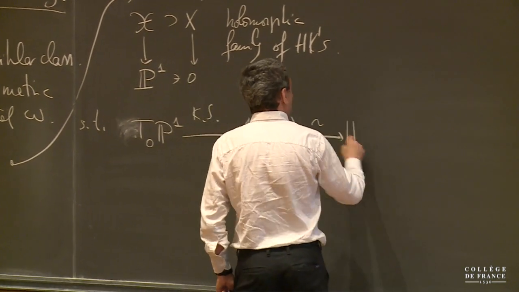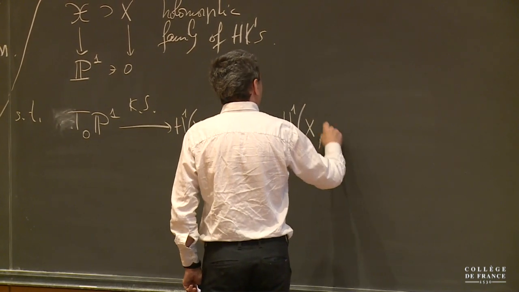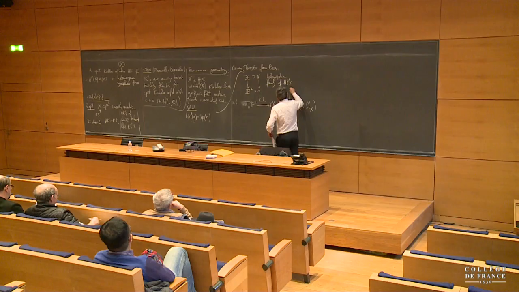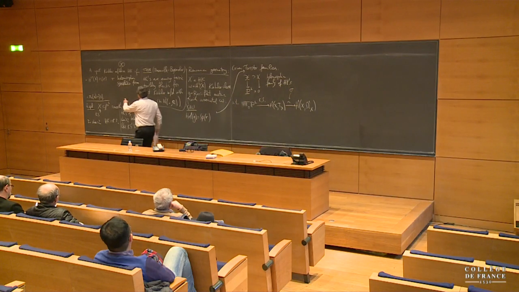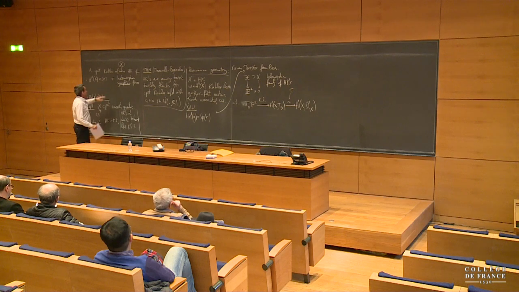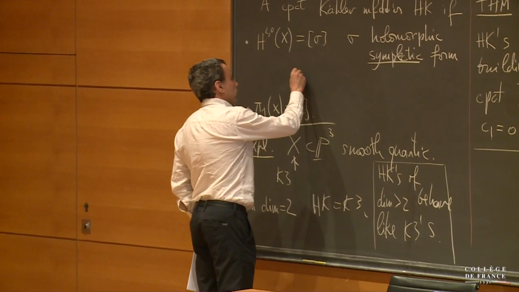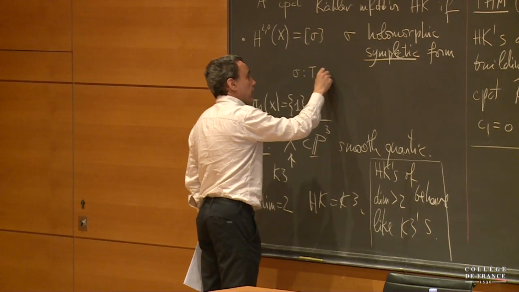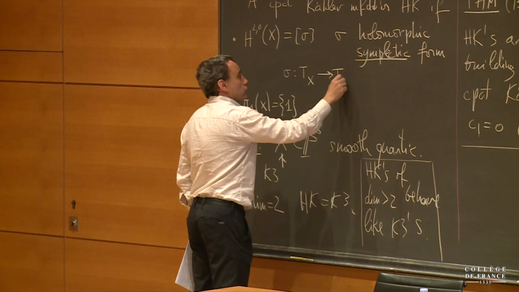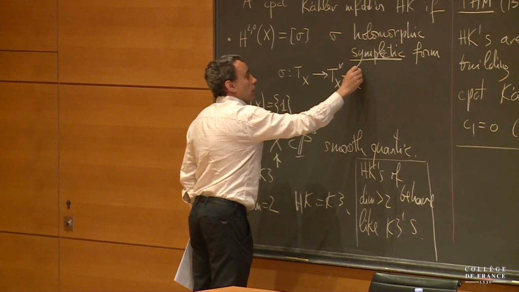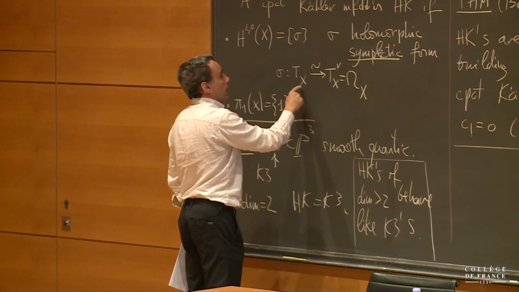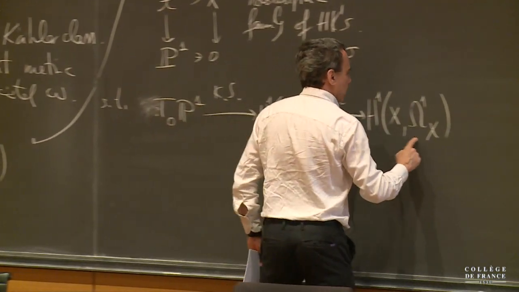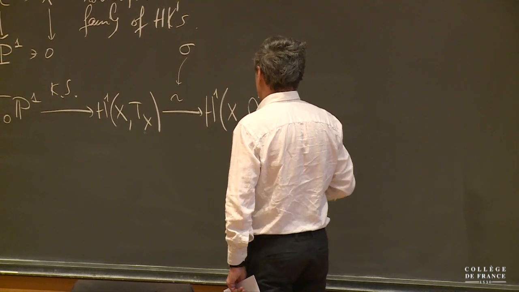Now, this is a peculiar fact: we can use the symplectic form. The symplectic form gives us a nice skew-symmetric isomorphism between the tangent bundle of X and its dual, the cotangent bundle.